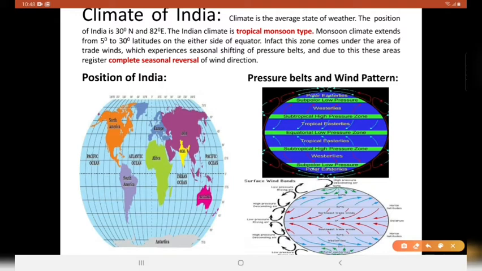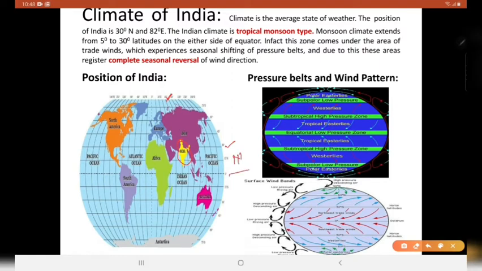The position of India is 30 degrees north and 82 degrees east. You can see the position of India, which is 30 degrees north and 82 degrees east, which is somewhere here. It means it is situated in the northern hemisphere at 30 degrees latitude.